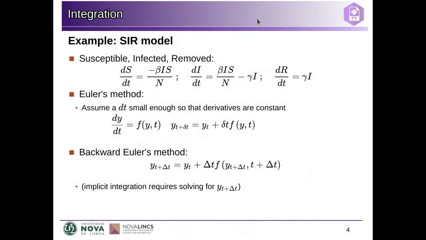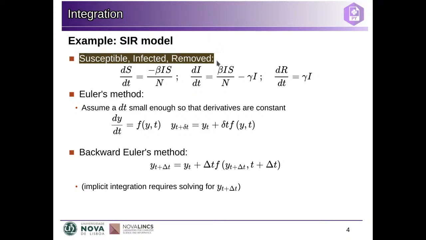Now, if we have a function that is varying over time and we need to accumulate all the values, for example, with this model, then we have some more sophisticated methods, but the idea is basically the same. So let's consider this model here.